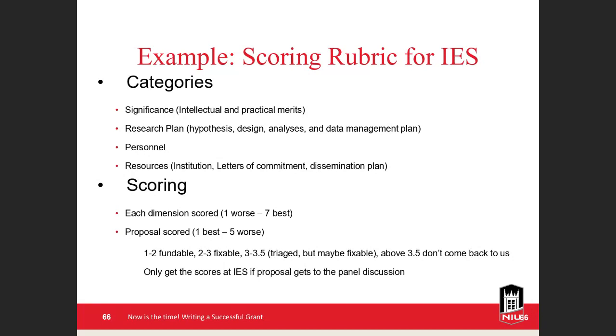I know that Karyn, Britt, and I are doing that currently. And so if you don't get the grant the first time, which is common, don't give up. Try again. And then it says 3.5, don't come back to us. Well, okay, that's kind of harsh.